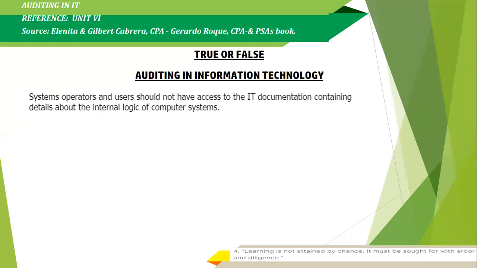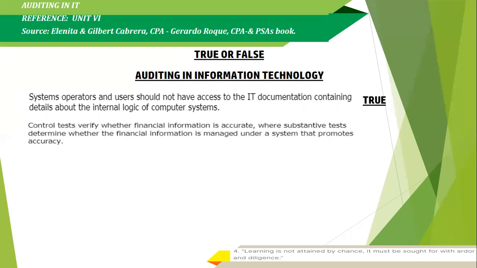We need to segregate the IT documentation from the system analyst, application programmers, system programmer, and operator. That's true. We need segregation of duties. It really provides the control mechanism.